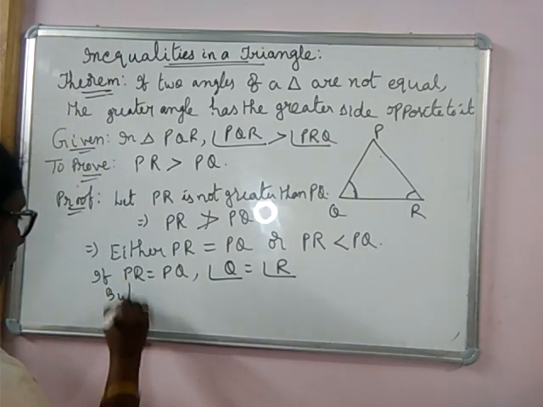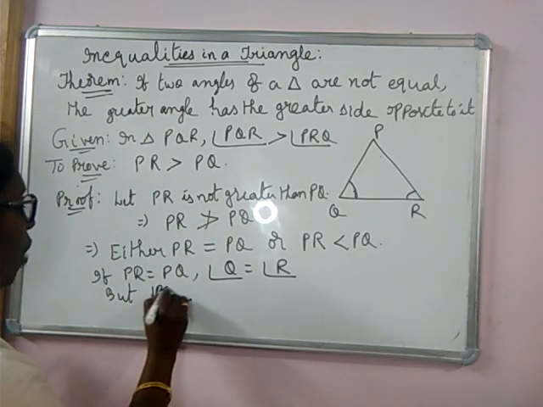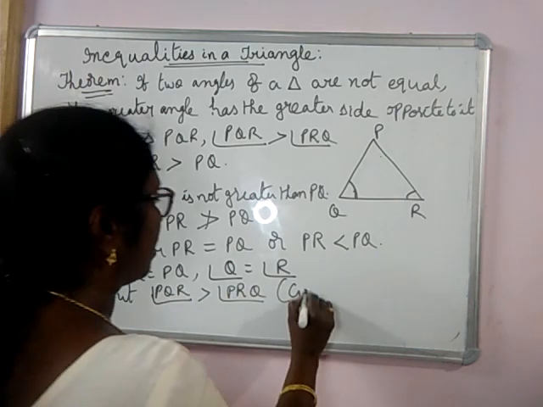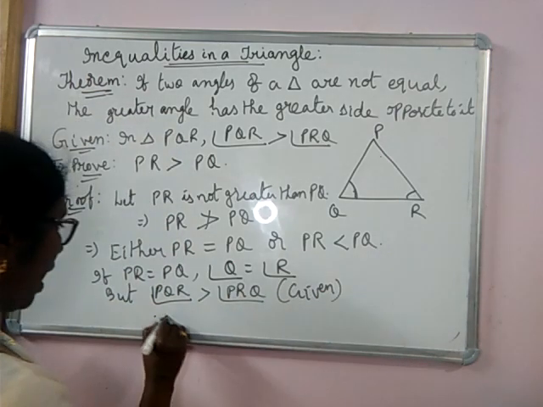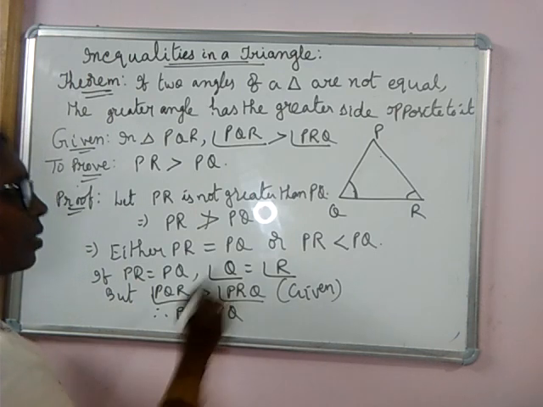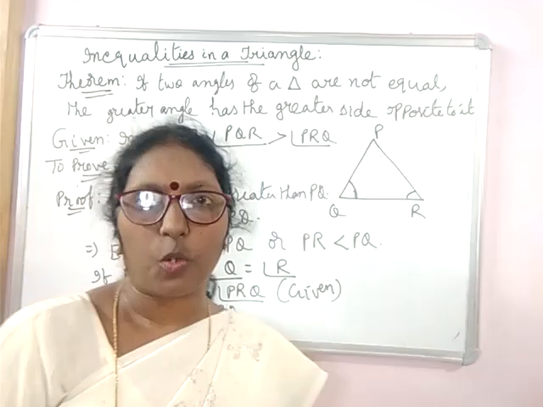But angle PQR is greater than angle PRQ, given. Therefore, PR is not equal to PQ. So these two are not equal, we concluded.